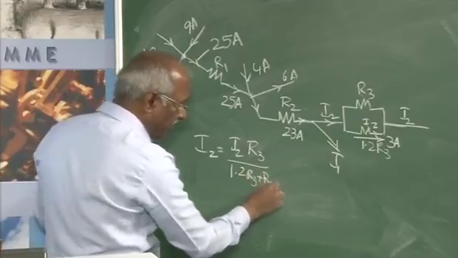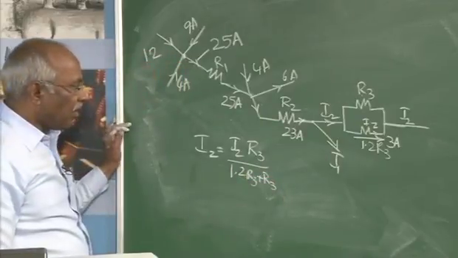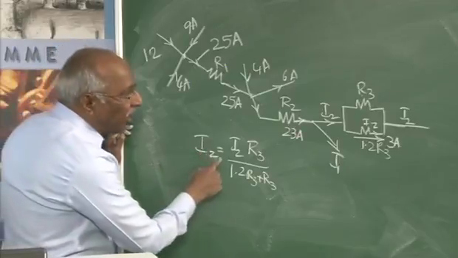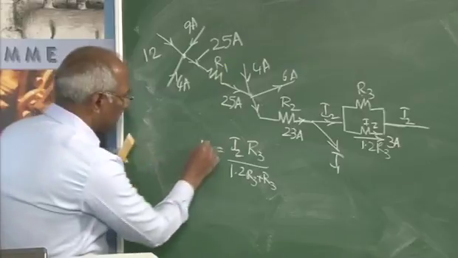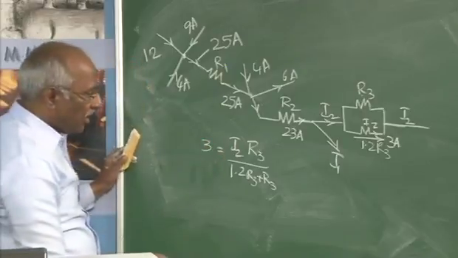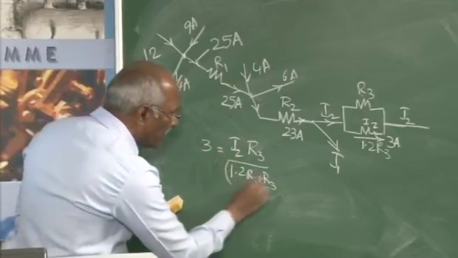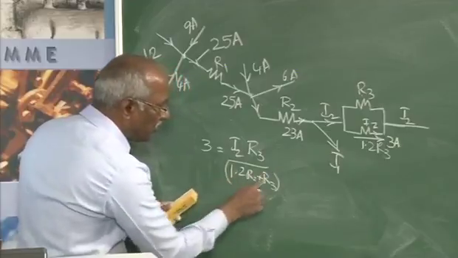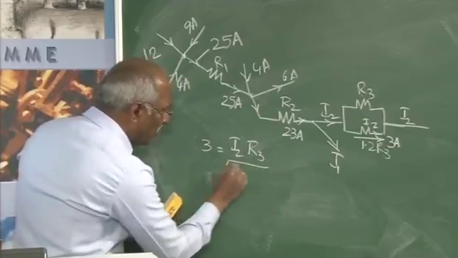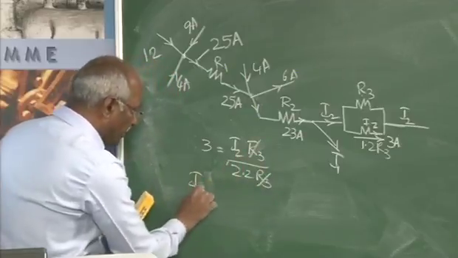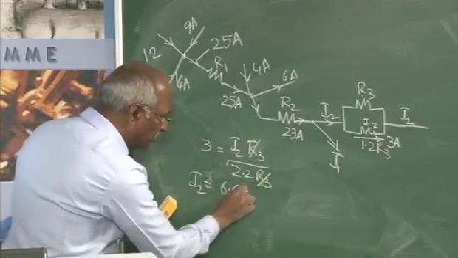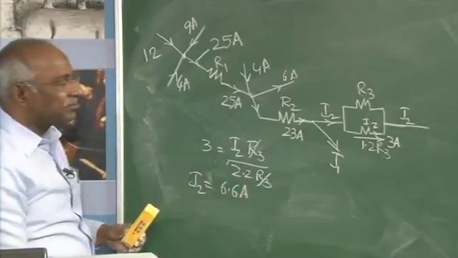I know Iz is equal to 3 ampere. This works out to 1.2 plus 1, that comes to 2.2 times R3. R3 gets cancelled. With that, I2 will work out to be 6.6 amperes.